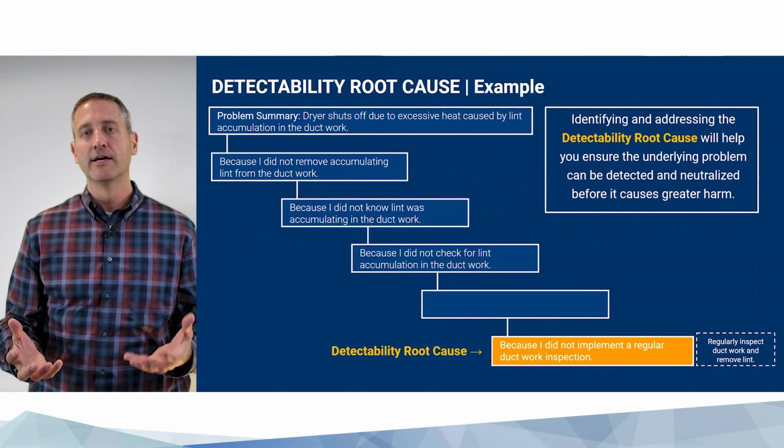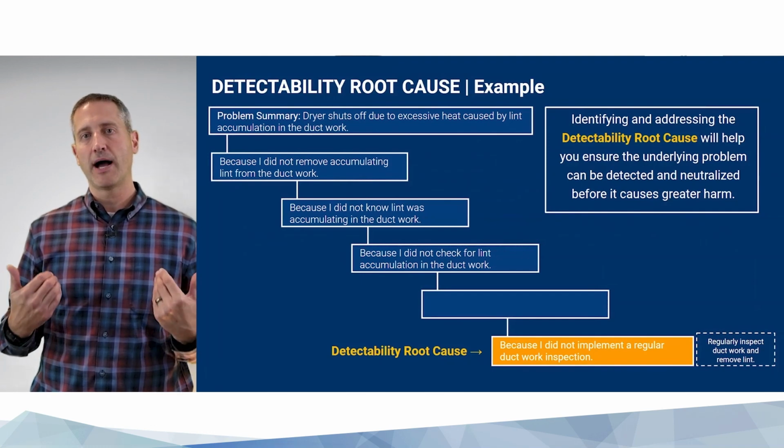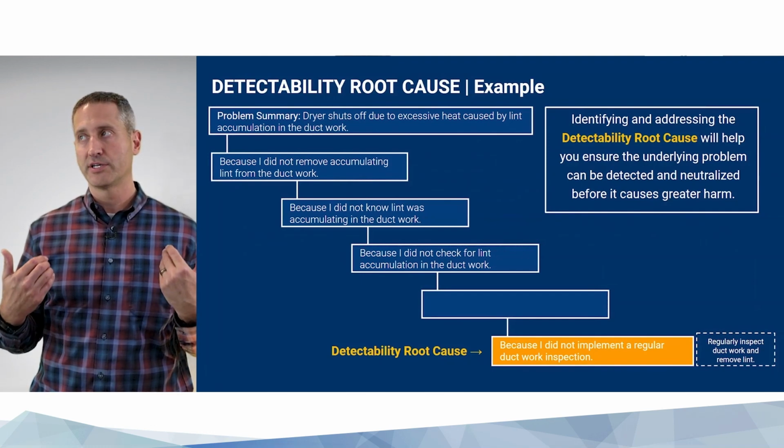And by the way, we're no longer specific to my technical situation. We can look broadly at my neighbor's house, the building down the street, and go, well, gosh, if we should be doing inspections for too much lint inside of the ductwork, maybe they should be doing it too.